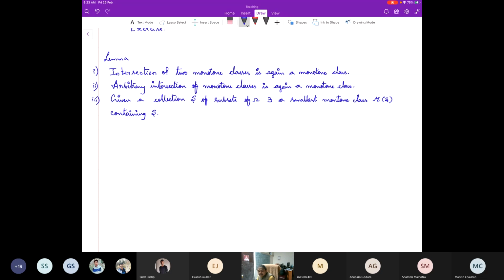Take the collection of all monotone classes containing S and take their intersection. That's it, and that is going to give you the smallest one. So you all should be able to write the proof by now.